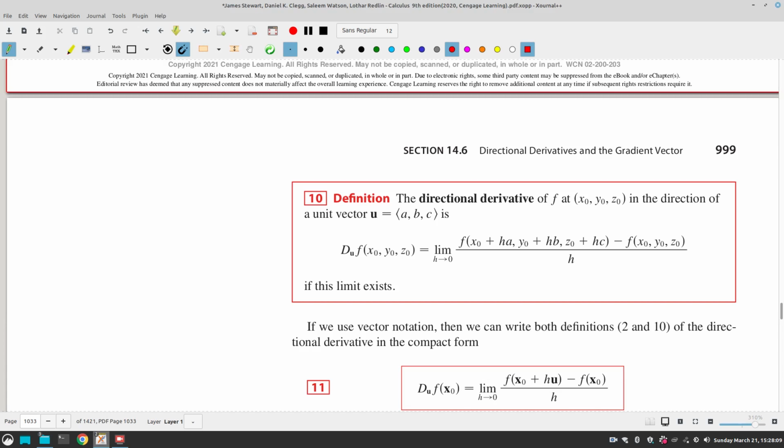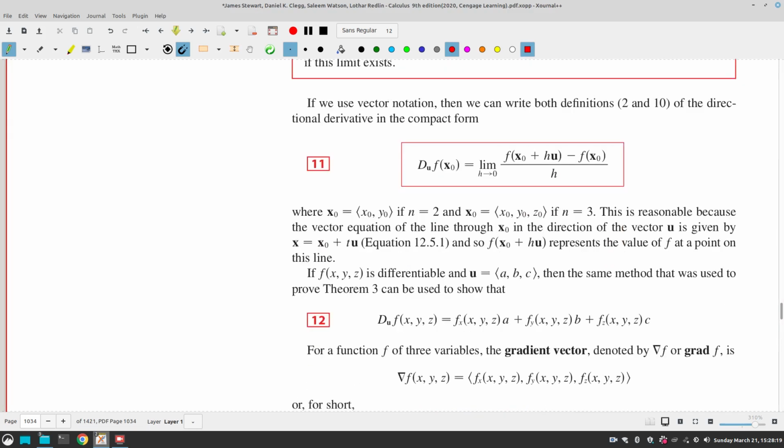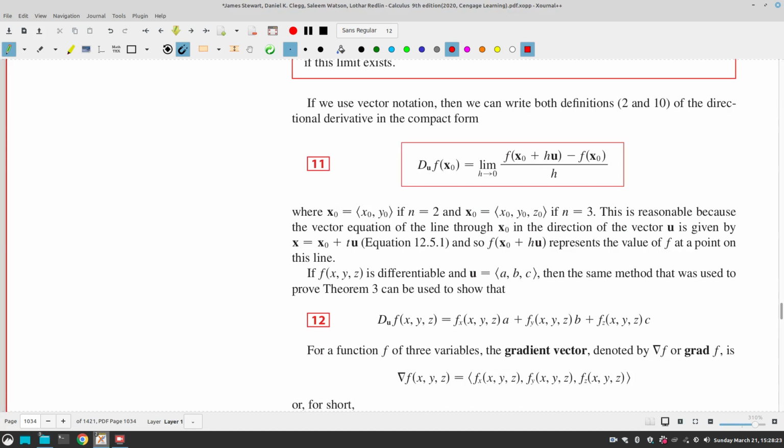And remember, this has to be a unit vector: a squared plus b squared plus c squared equals 1. And of course, in general, we may write D_u f of x0, where x0 has many components. This is a vector.